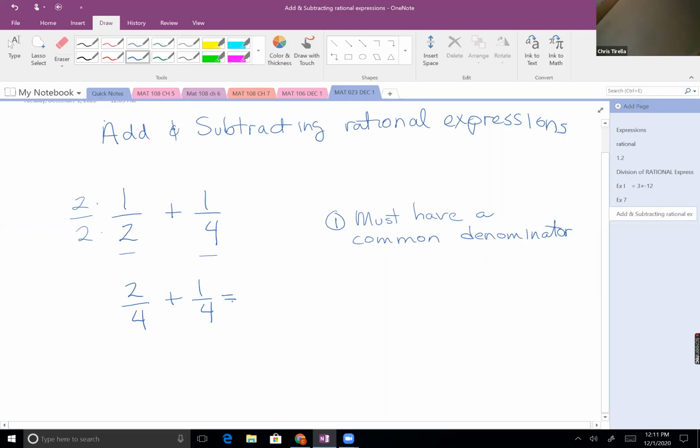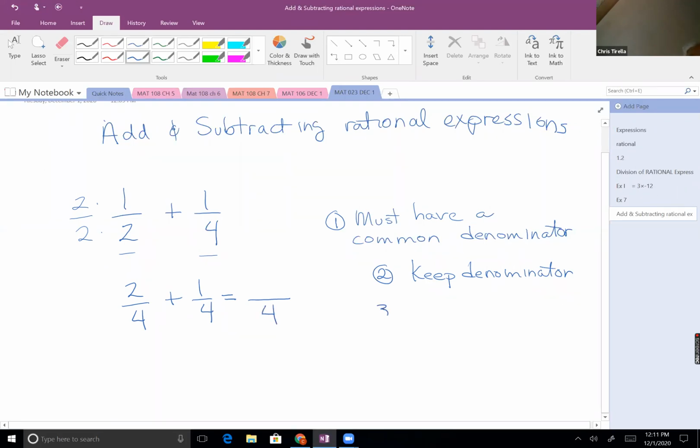And once they have the common denominator, in order to add them, I'm going to keep that as the denominator. So the denominator of my answer will be 4.